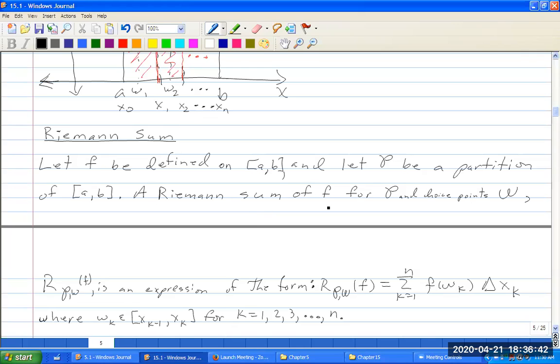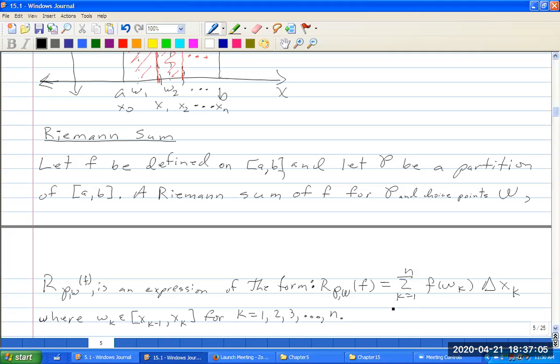A Riemann sum of f for a partition P and choice points W, denoted by R for Riemann sum, P comma W for the partition and for the choice points, of f for the function, is an expression of the following form.